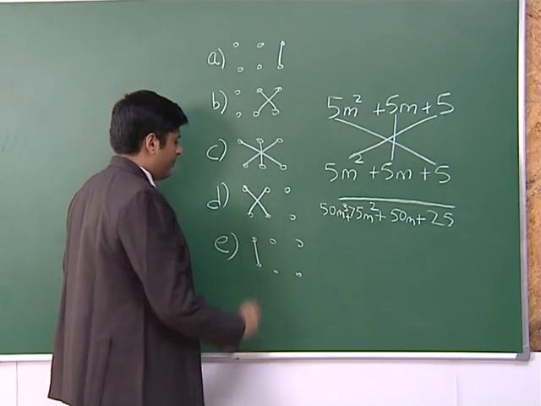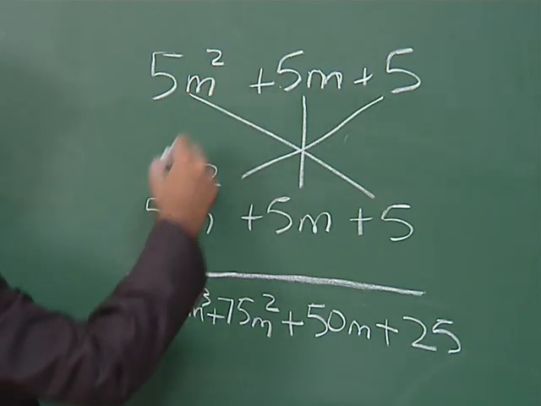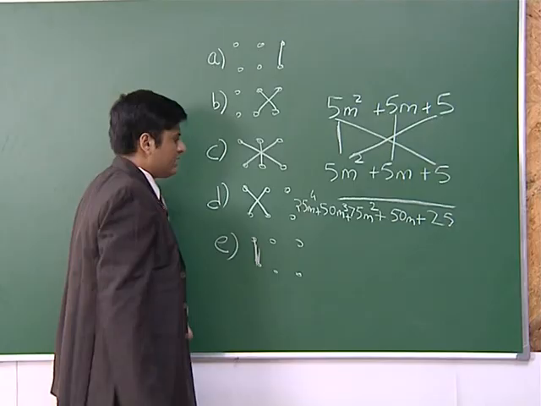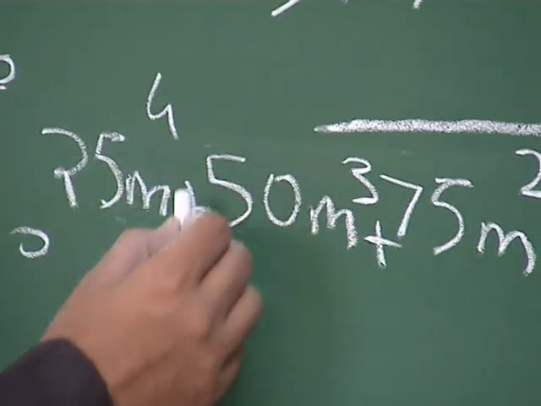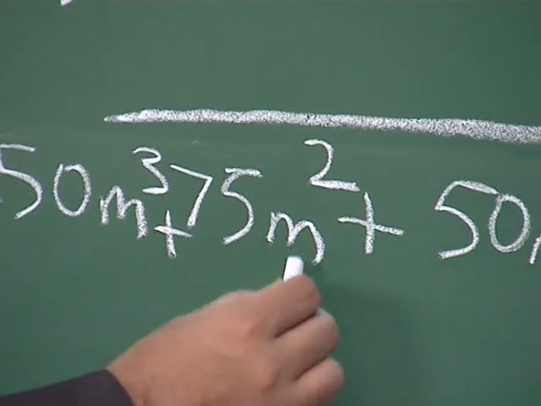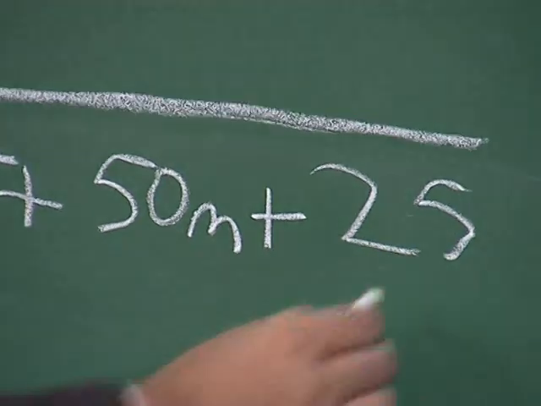And the last step will be these two numbers. Multiply these two like this. 5m square times 5m square is 25m^4. My final answer is 25m^4 plus 50m cube plus 75m square plus 50m plus 25.